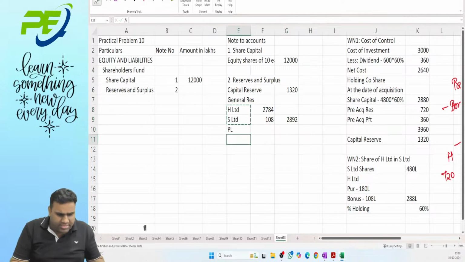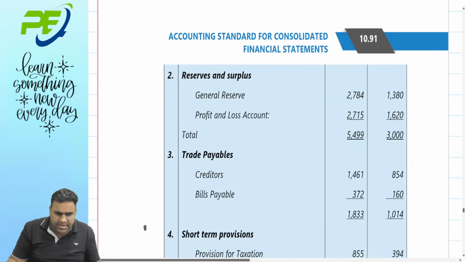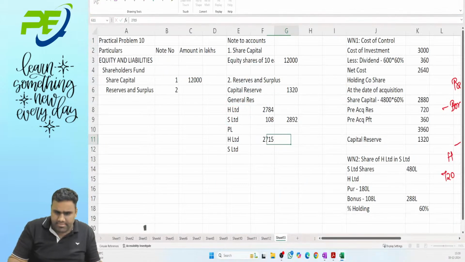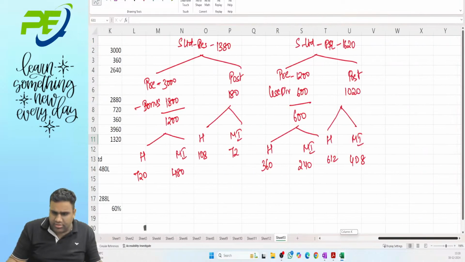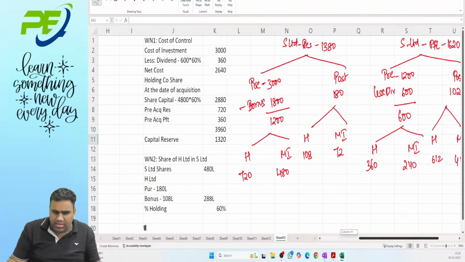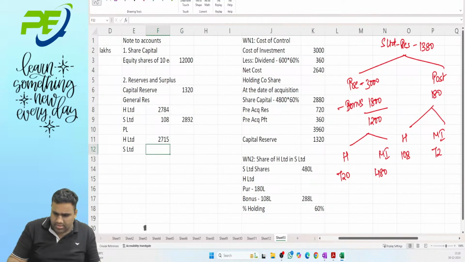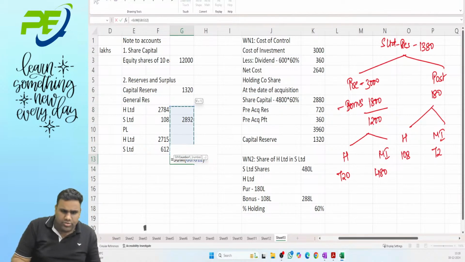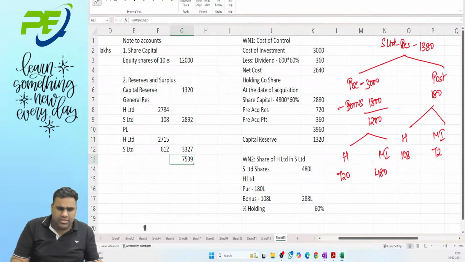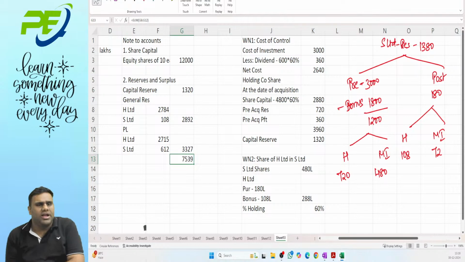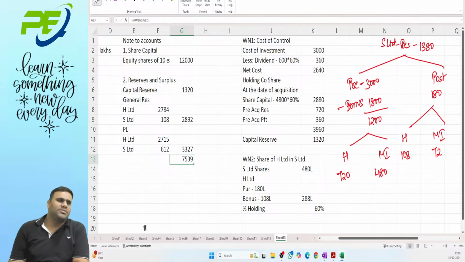Again H Limited, S Limited, and subsidiary 612. 3327. Total 7539.